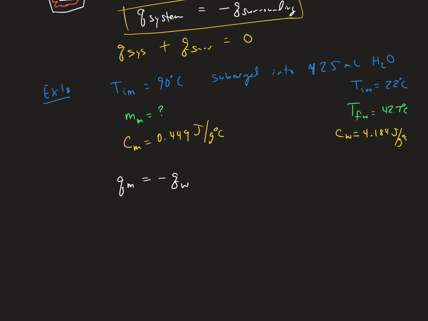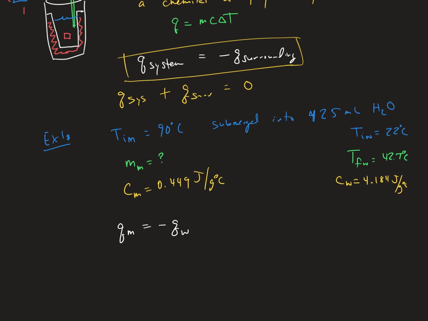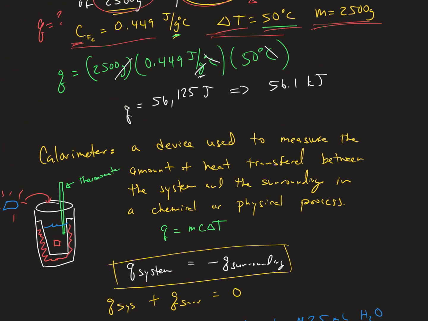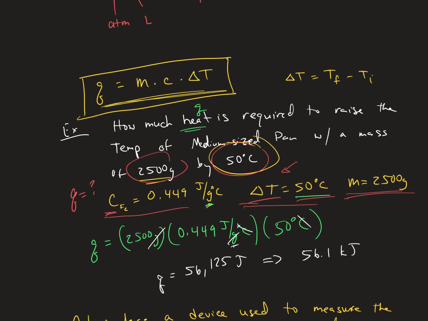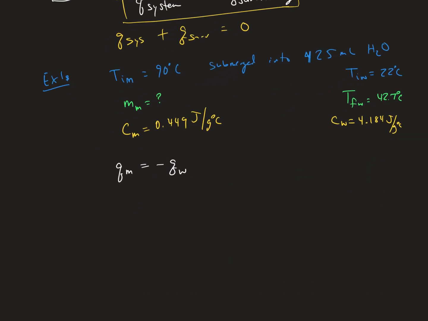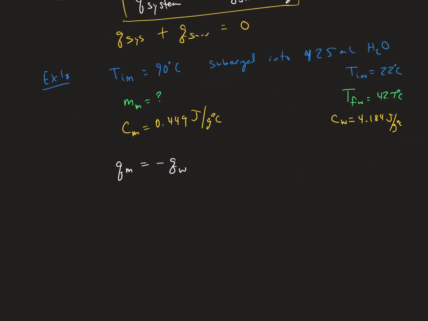And if we put this in using our equation that we learned up here, then we can say the mass of the metal times the specific heat of the metal times the change in temperature of the metal is equal to a negative mass of the water times specific heat of the water times the change in temperature of the water.